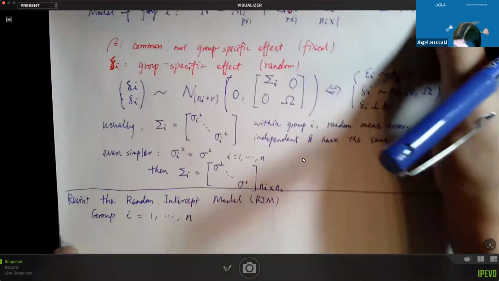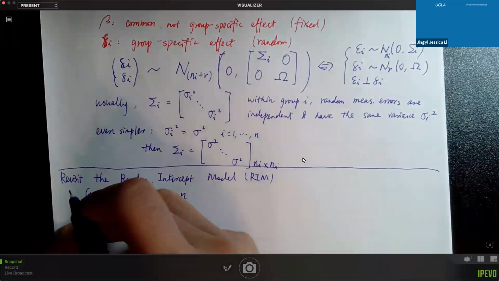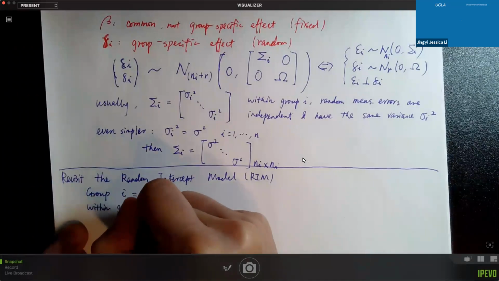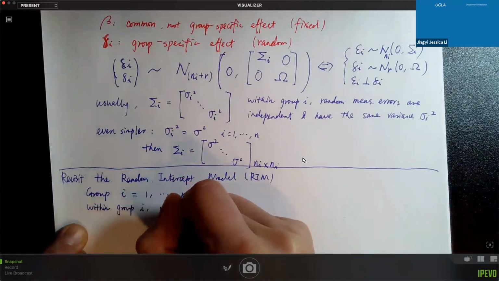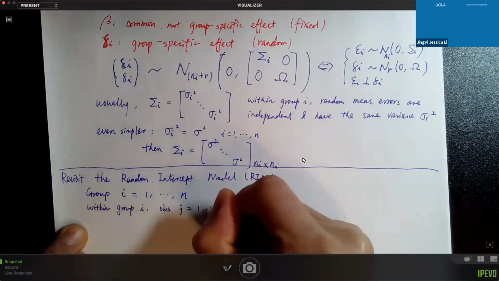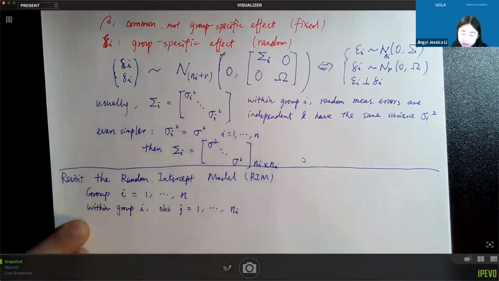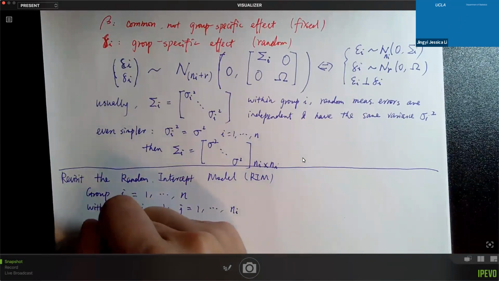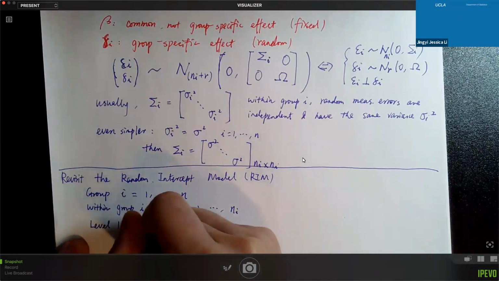And within each group i, we have observation j that goes from 1 to n_i, okay? And our model has two levels. So within the group i, level 1 is within group.